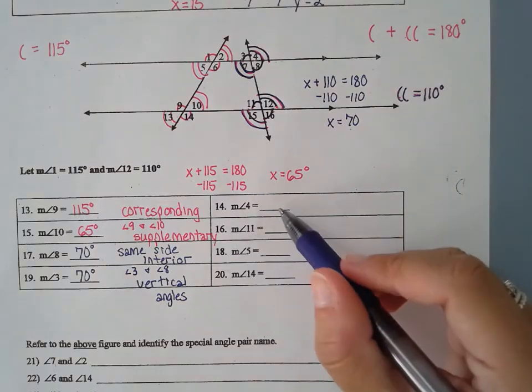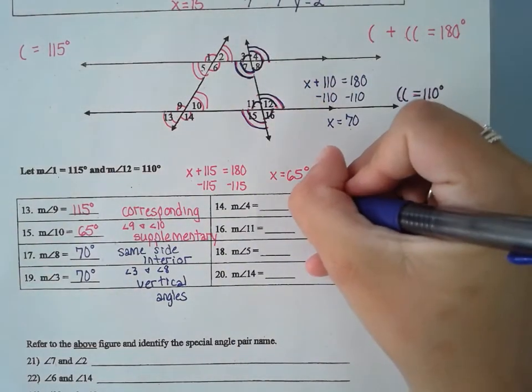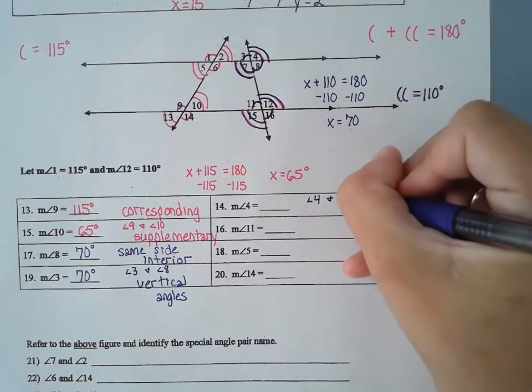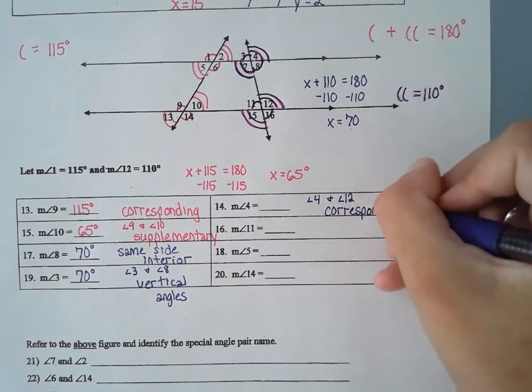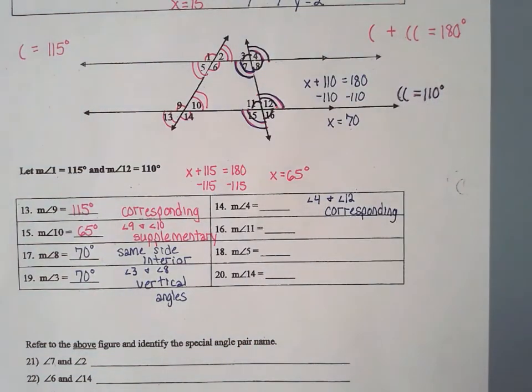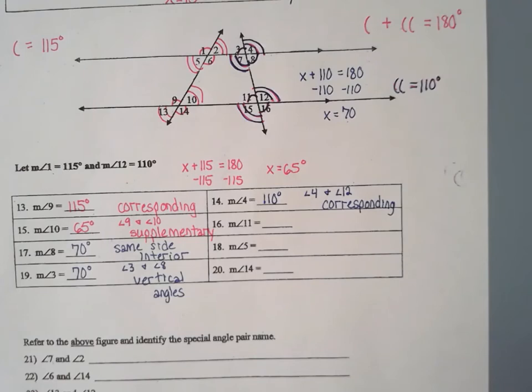Angle 4 here, angle 4 and angle 12 are corresponding angles. They match up with each other. So since they are corresponding angles, angle 4 and angle 12 are congruent. So angle 4 must be 110 degrees.